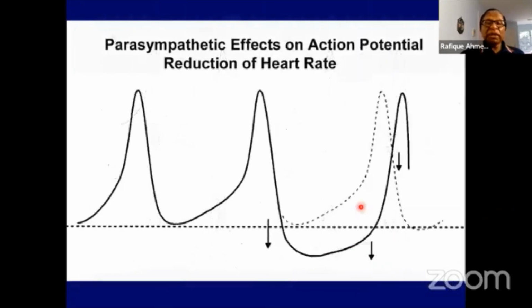So look at this action potential of the sinus node. If we give parasympathetic stimulation, the resting membrane potential goes down, and it takes longer to reach the threshold potential, and we get bradycardia. The reverse will happen if we give adrenaline: it will move up and we'll reach the threshold earlier. So this is basically a physiological effect on automaticity: I'm running, my heart rate goes up.